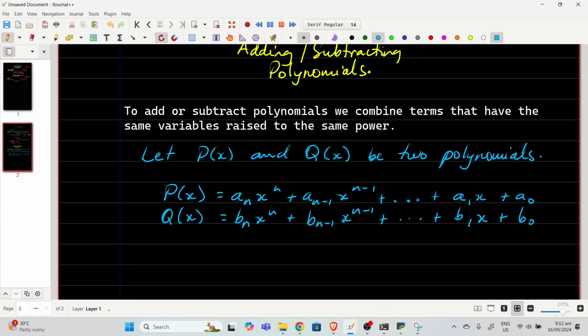Then if we're looking for the sum or the difference of the two polynomials, in other words, p of x plus or minus, let me just put the plus in a different color, so plus, and then the minus in a different color, q of x, it would be as follows.